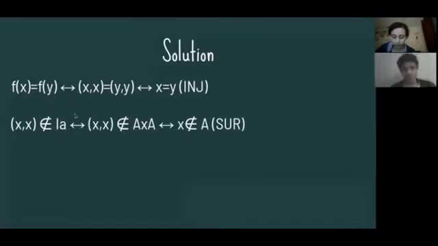Because if I have two circles and one does not belong in the inner circle, this does not imply that it does not belong to the outer circle. The only case when this is implied is when the two circles are equal, and they are only equal in the case of a bijective function. And so here, if x, x is not in I of A, then x, x does not belong to A cross A, and if that's the case, then x does not belong to A.